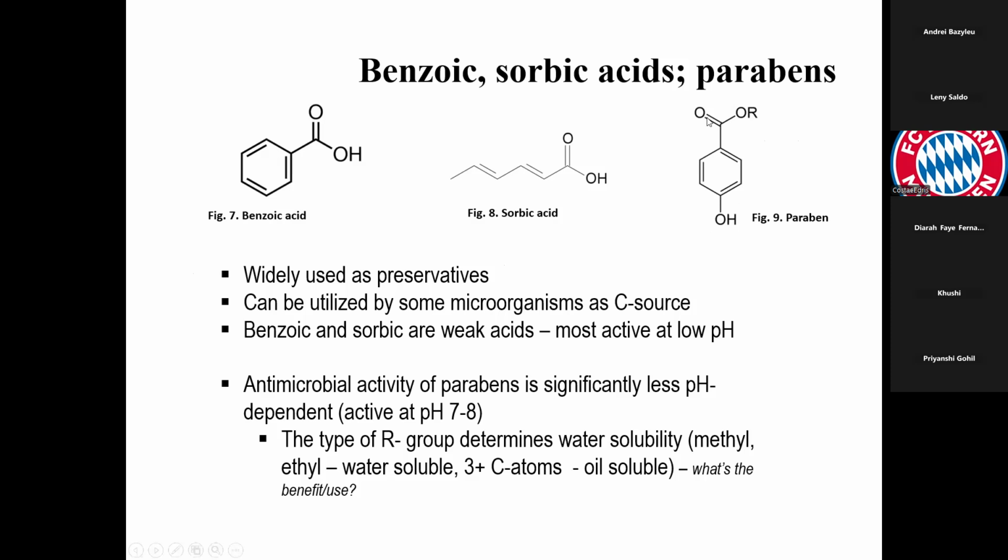Second of all, they're not as pH dependent in their activity, so that is especially important for preservatives because of the nature of the preservatives. They are the chemicals that are being added to food products, cosmetic products, all sorts of products, and usually they are expected to act for quite some time, right?